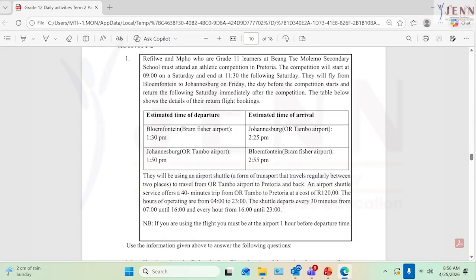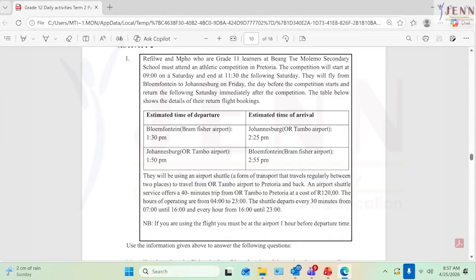The shuttle departs every 30 minutes from 7 in the morning until 4 in the afternoon. Like I was explaining, we are talking about intervals of 30. The first one will leave at 7 o'clock, the second one at 7:30 until 4 o'clock, but thereafter it is going to be intervals of hours. The first one will leave at 4, the next one will be at 5 o'clock until 11 in the evening.